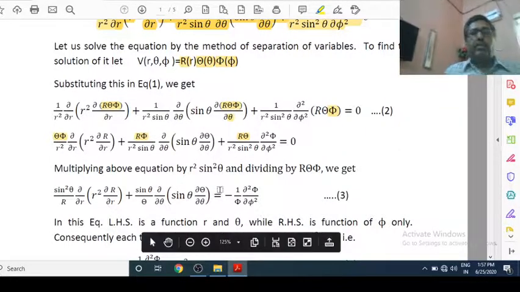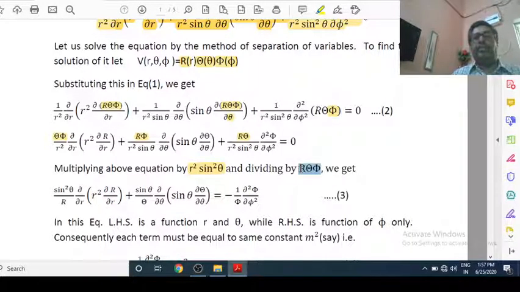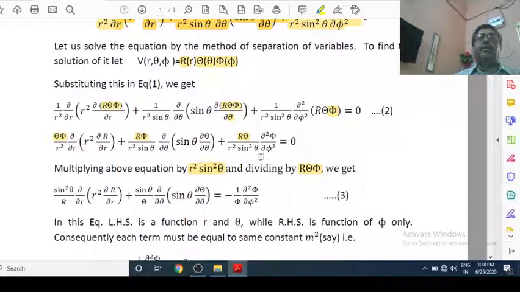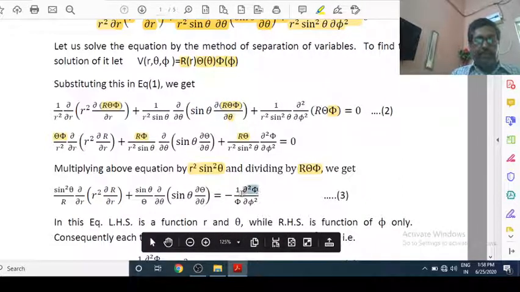And what is the benefit? Why do we multiply by r squared sine squared theta? There is actually a benefit. As I told you earlier, we are going to adopt the method of separation of variables, so only one variable will be there. If we adopt this technique, you can see the third part, where this plus is taken to this side.